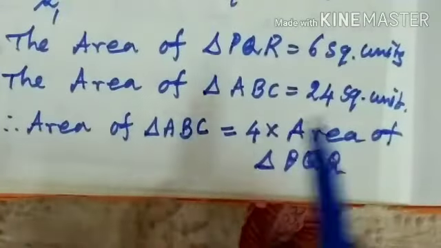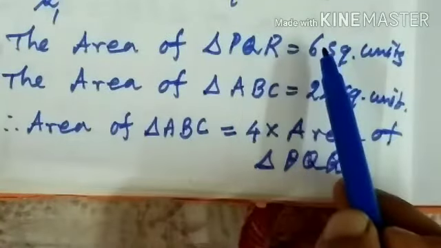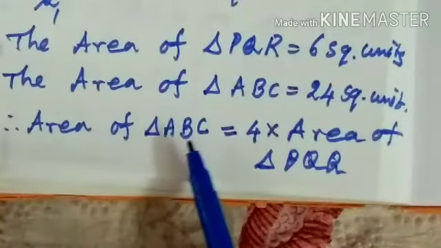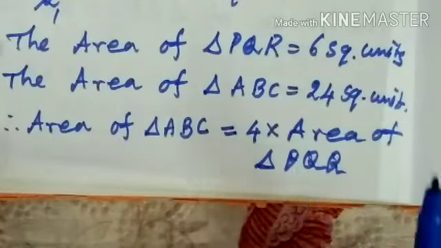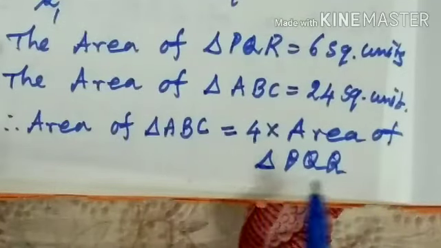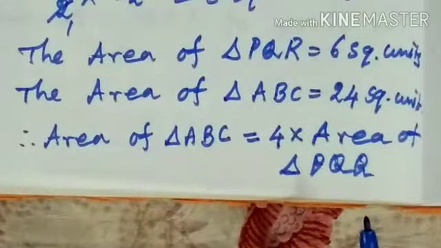That means 24 is equal to 4 into 6. Therefore, area of triangle ABC is equal to 4 times area of triangle PQR. This is the answer for this question.